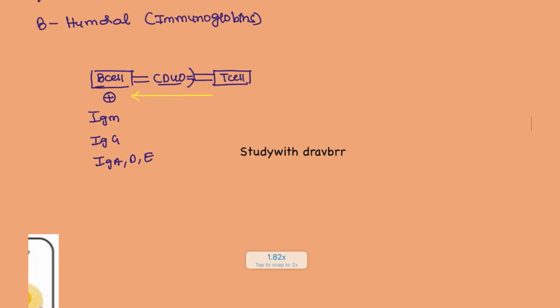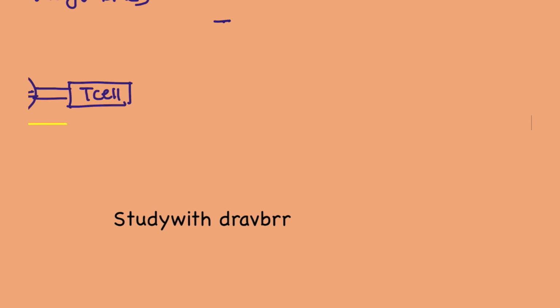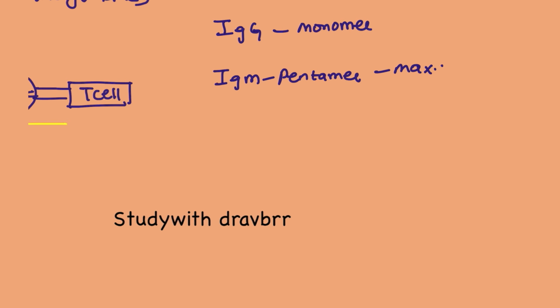Let's see the importance of these. IgM is a pentamer; this is the monomer. IgM has the maximum weight and does not cross the placenta.